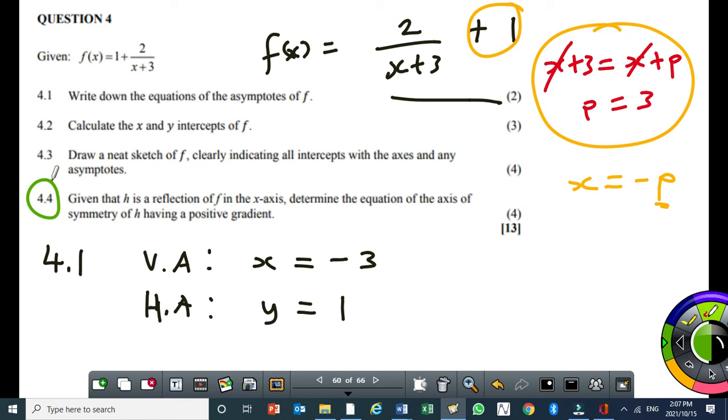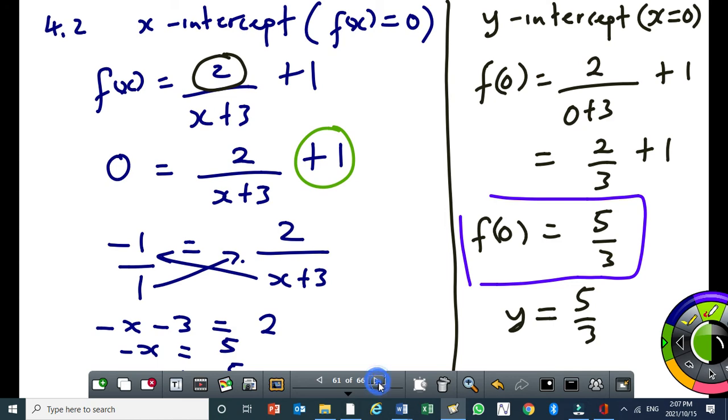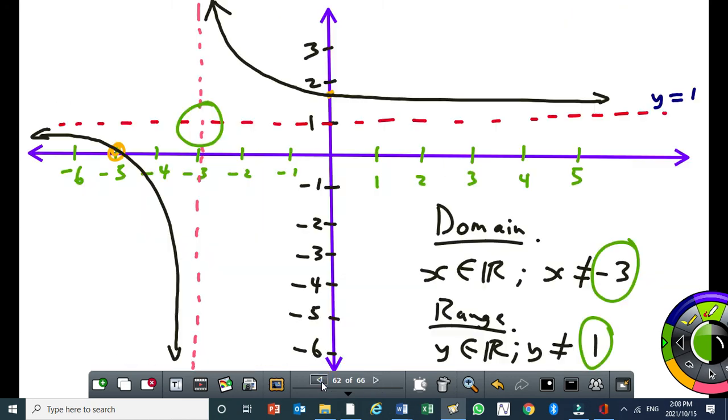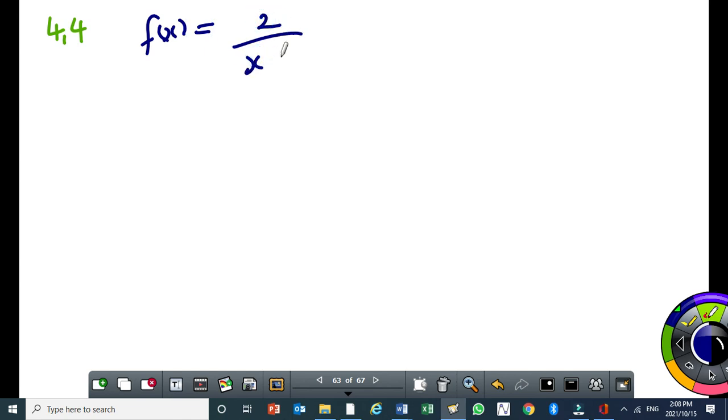So I'm going to do question 4.4, where f of x is equal to 2 over x plus 3, plus 1.